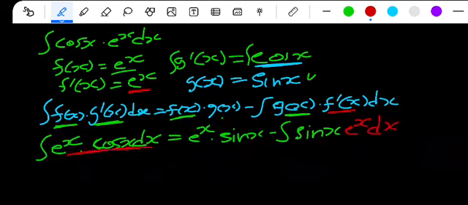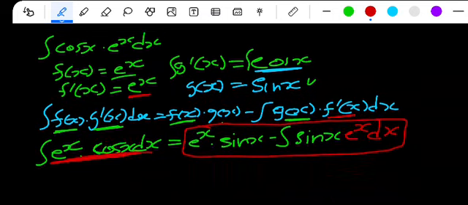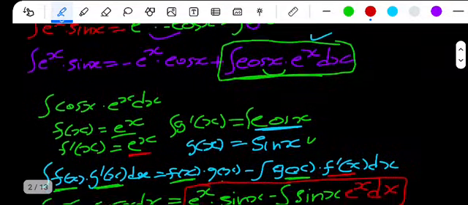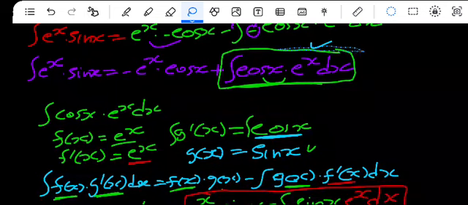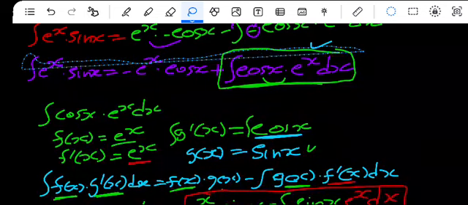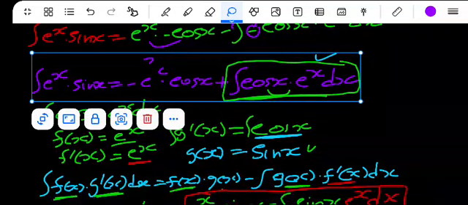This part will be equal to that. So we know that this is what we had on the top part that we're supposed to integrate.